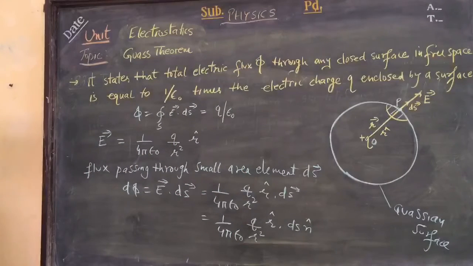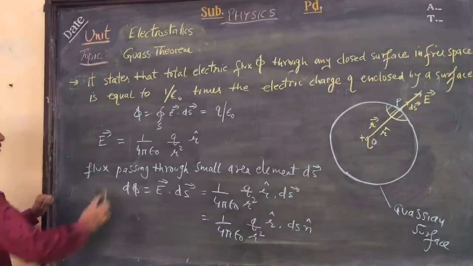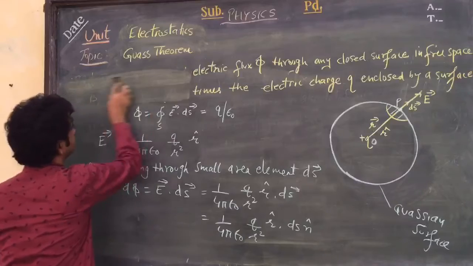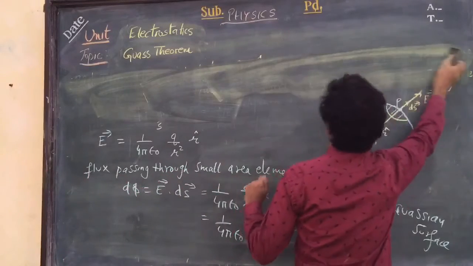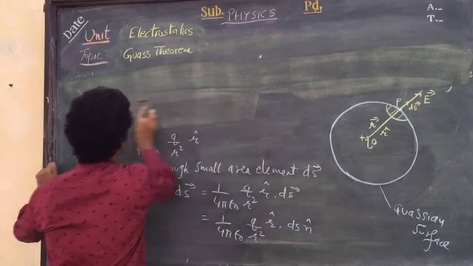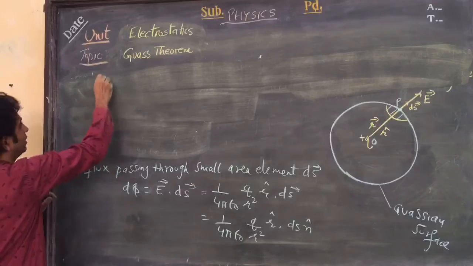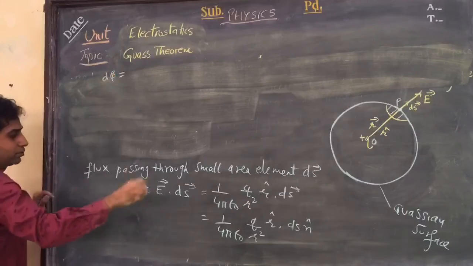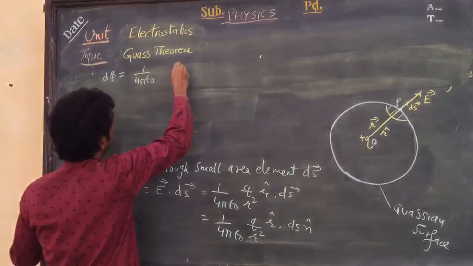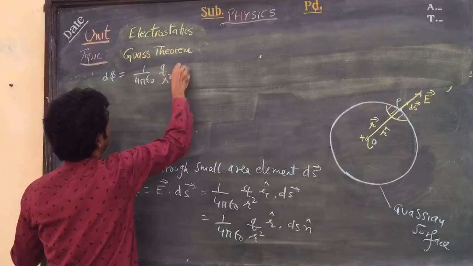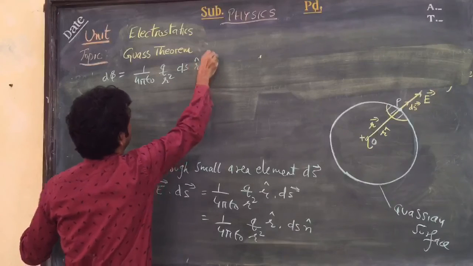So I can write this relation as d phi equals 1 by 4 pi epsilon Q by r square into dS into r cap dot n cap.